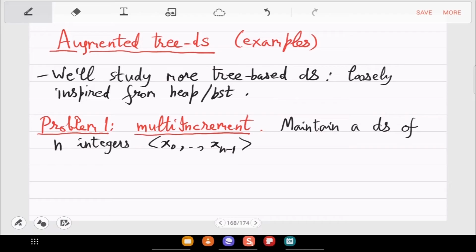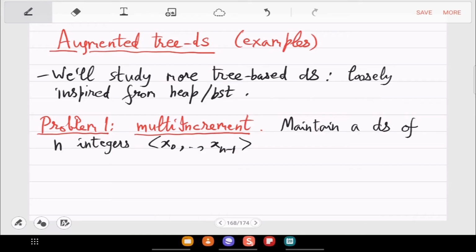And second thing is this multi-increment operation, which is xi to xj, all of them you want to increment in the same way. So you are given i, j and delta. So xi to xj, every element you want to increment by delta, right? So trivial thing will be you just do it one by one, but we want something better.